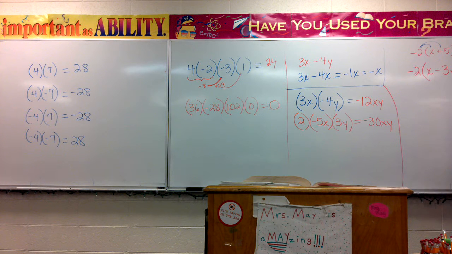Not really any work to show there either, right? How about this one? What do you get here? Negative 2x, and then we're going to move over negative 2, negative 3y. What's negative 2 times negative 3? Positive 6.